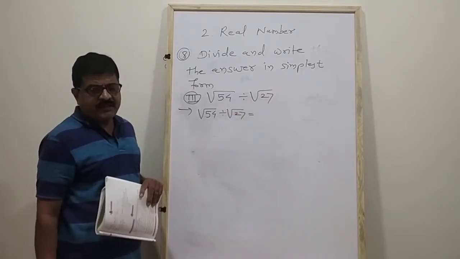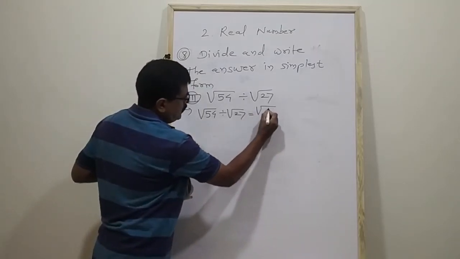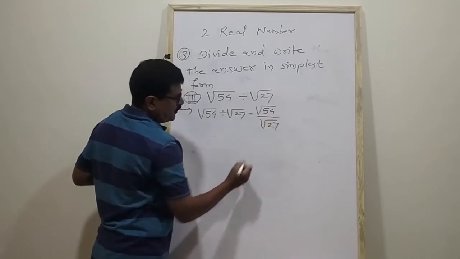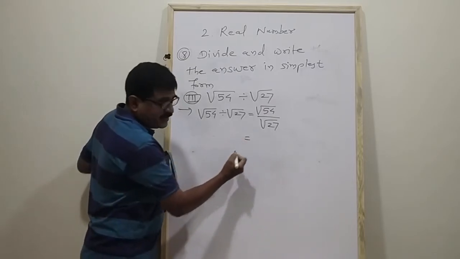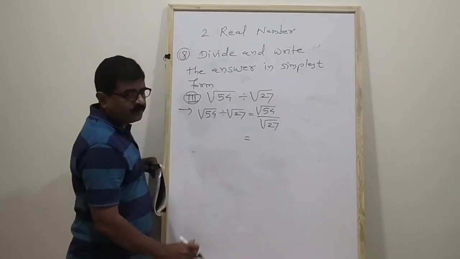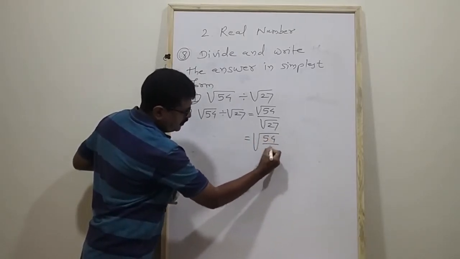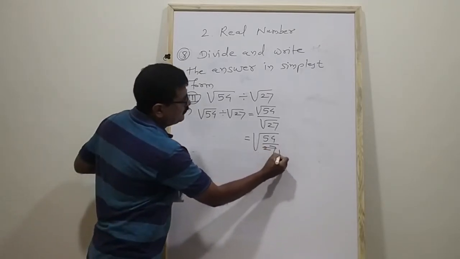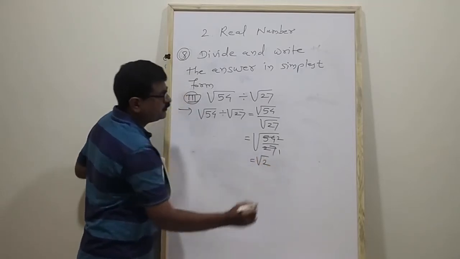Write down this in the form a upon b, that is square root of 54 divided by square root 27 is equal to. Write down this in the form square root a upon b, square root of 54 upon 27. Divided by 27, 2 is equal to square root 2.